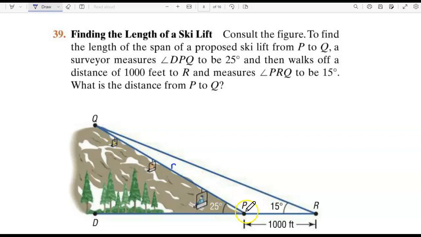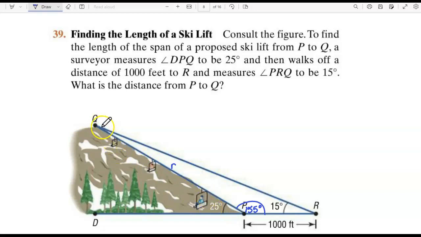Supplementary means they add up to 180 degrees. And we know they add up to 180 degrees because they're forming this line here. Think about this line as the ground. So if I take 180 and I subtract 25, 180 minus 25 is going to give me 155 here. So the angle from here to here is 155.